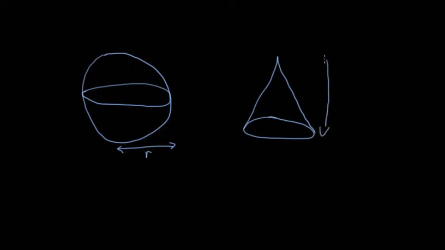We have radius r, and we'll draw another cone with height h and radius r, and this length here is L. This length L is the slant length or height.